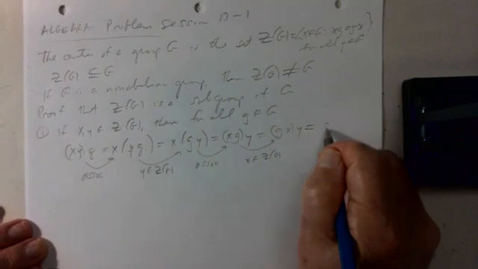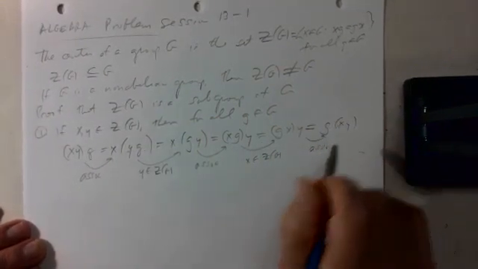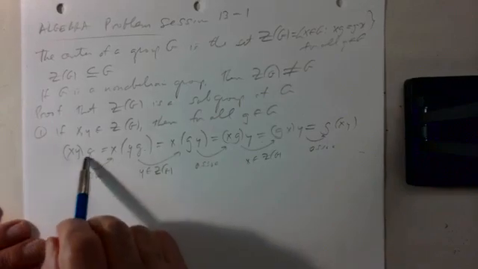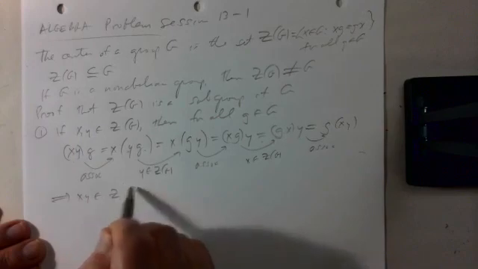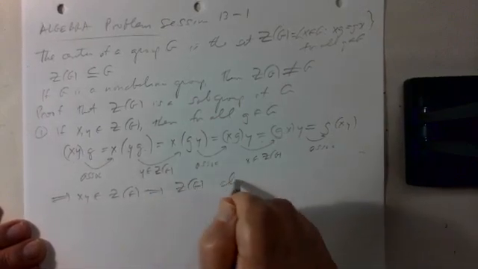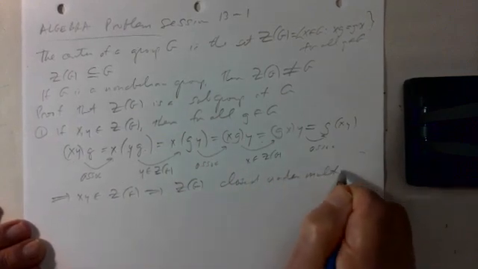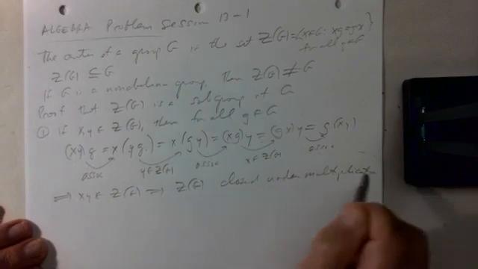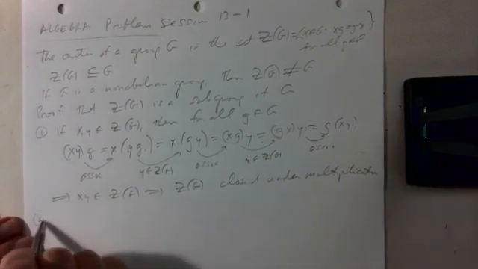And then this is the same as G times XY, and this is by associativity. So XY times G is G times XY. So XY is also in the center, which means the center is closed under multiplication. So that's the first of the 3 conditions for a subset to be a subgroup.